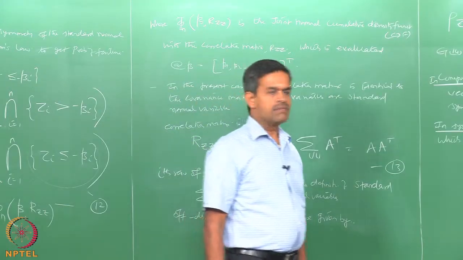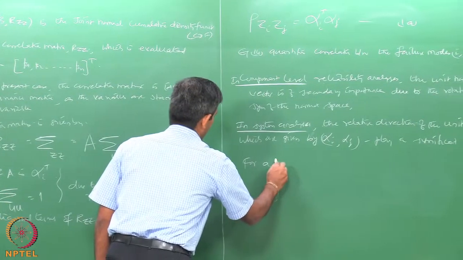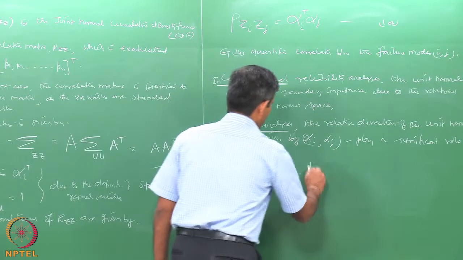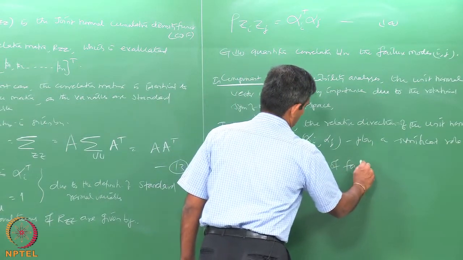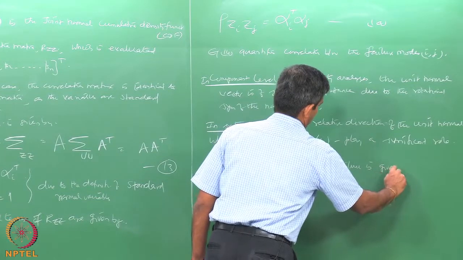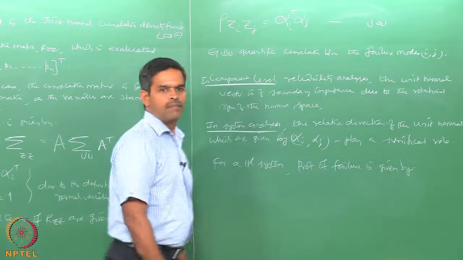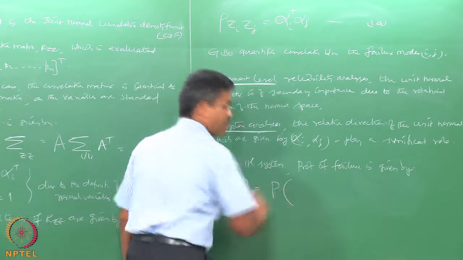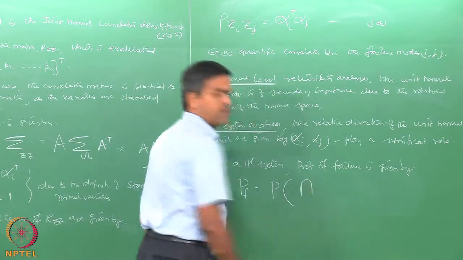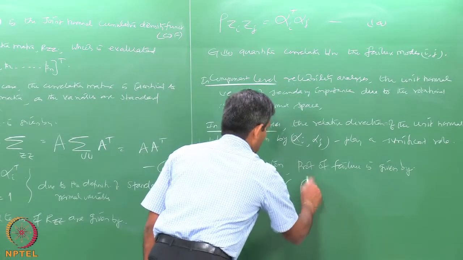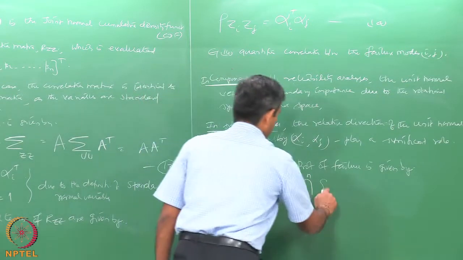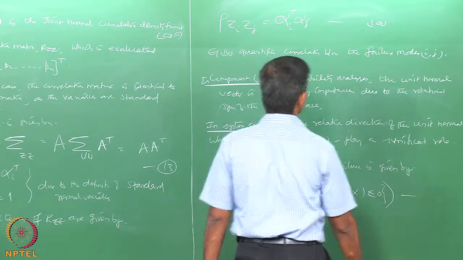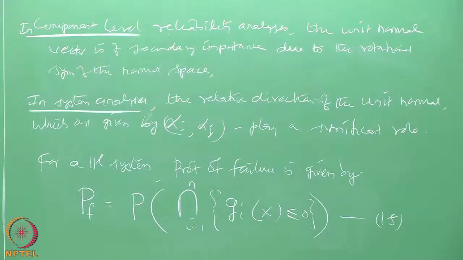So, for a parallel system, the probability of failure is given by probability of intersection of i equals 1 to n g i x less than or equal to 0, equation number 15.